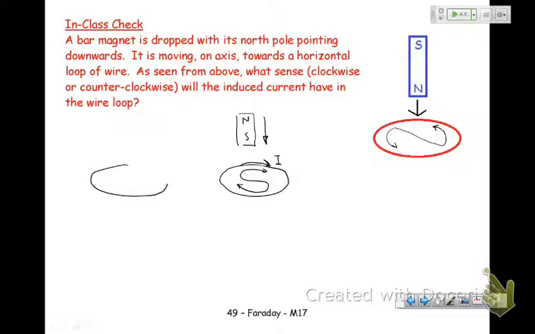Here's my loop still. Imagine that I actually dropped this all the way through. When the south pole was approaching, I created a south pole on the north face of this to keep the thing away.